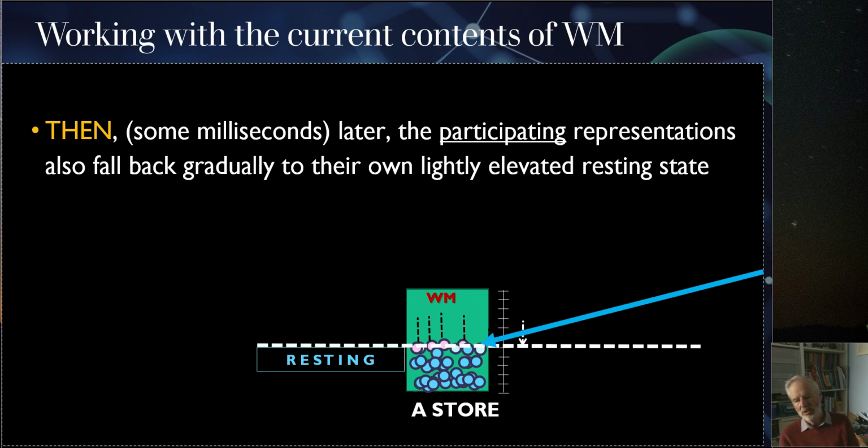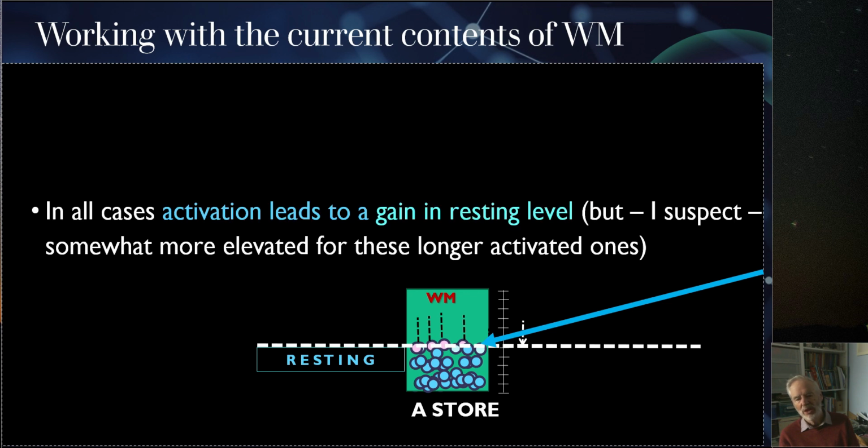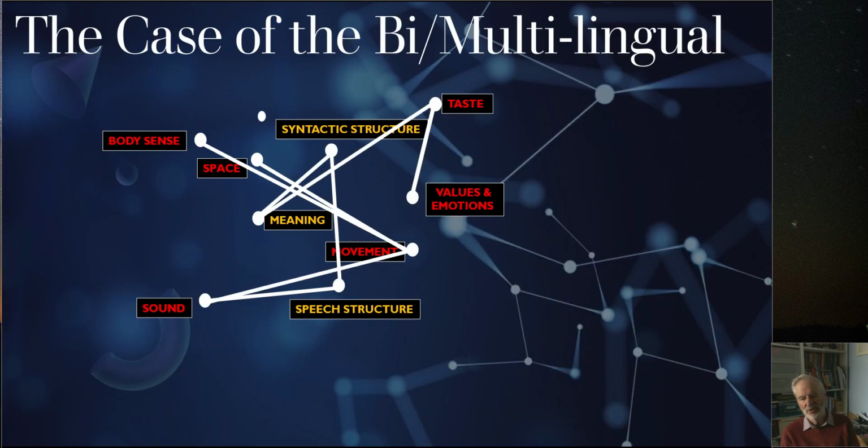So in all cases, activation leads to a gain in the resting level, but I suspect somewhat more elevated for those whose activation period has been a little prolonged because they were involved in the processing of a task. So that gives you a general impression of the general life of a particular store. This is happening all around the system with the different stores.